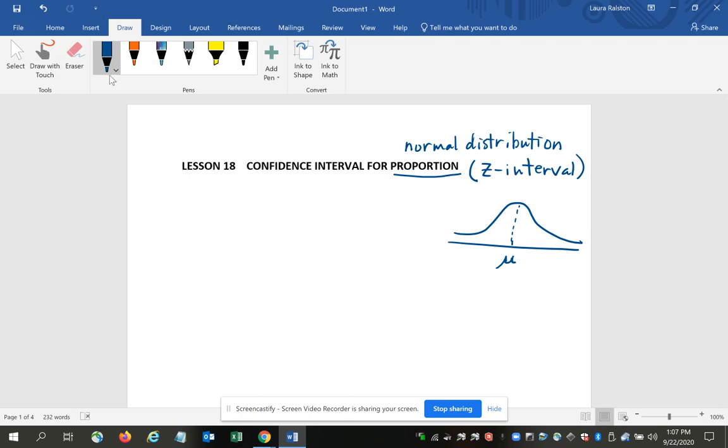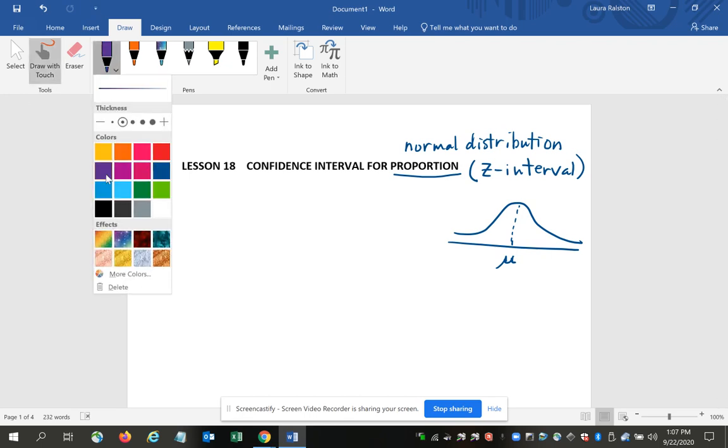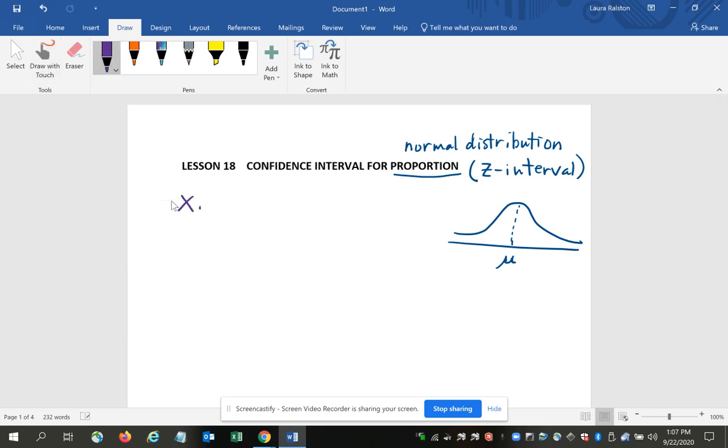The information that you need for finding the confidence interval for a proportion is quite different from what we had previously. For a proportion, you need what we call x, n, and the confidence level. Okay, x is what we refer to as the number of successes. How many times do you basically get what you want?